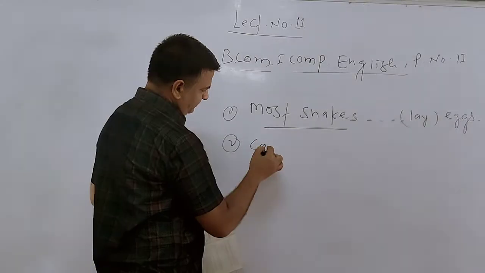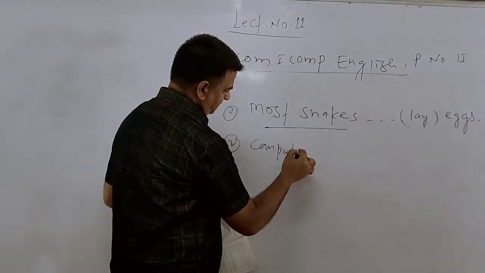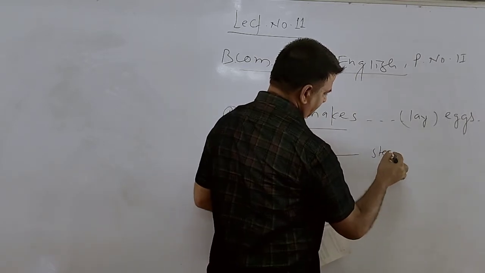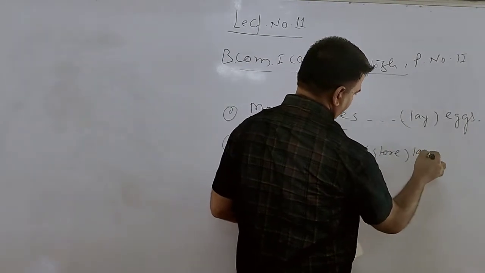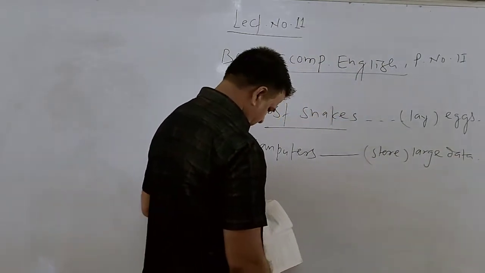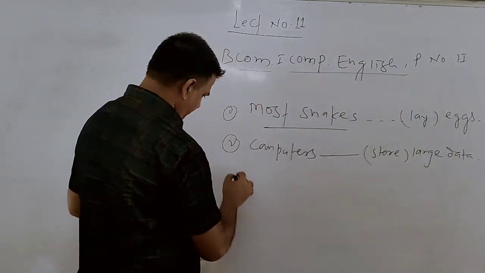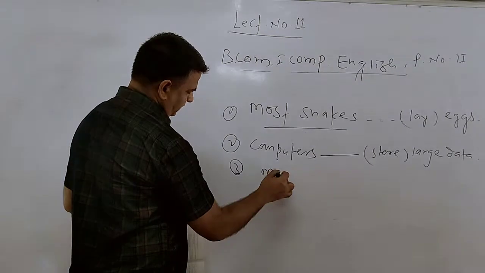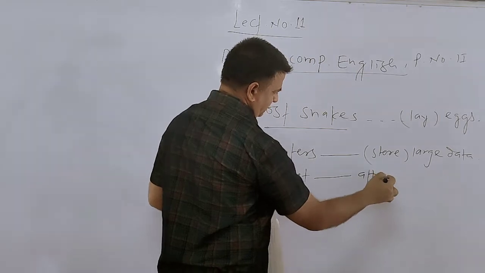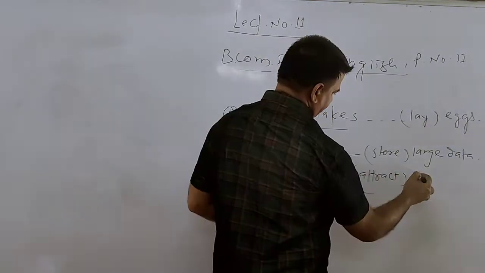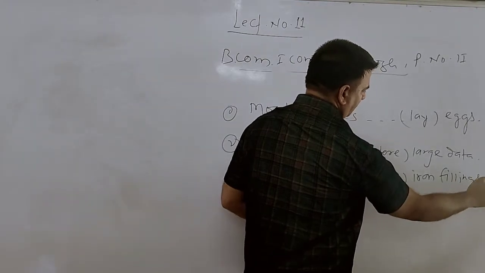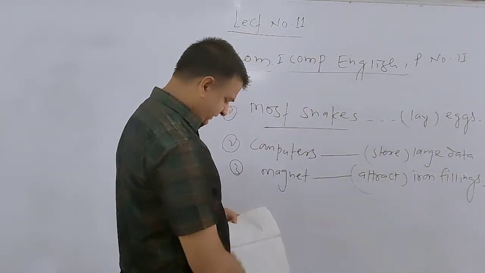For example, computers dash, in brackets we have the verb store, large data information. Magnets dash, attract iron things. Magnets attract iron things.